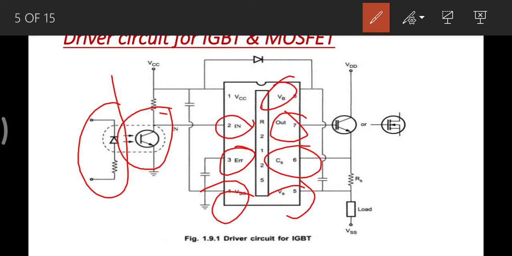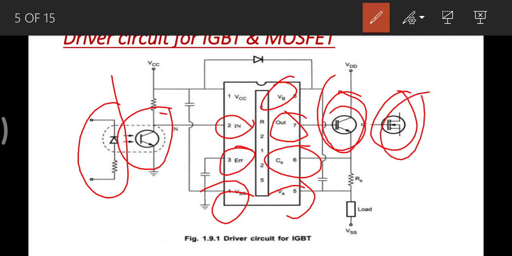This IC mainly works based on infrared rays, so we are using light emitting diodes and light sensitive transistors. This IC has some internal programming for how to control all these things. This IC is used for both IGBT and MOSFET, so this is the driving circuit for IGBT.